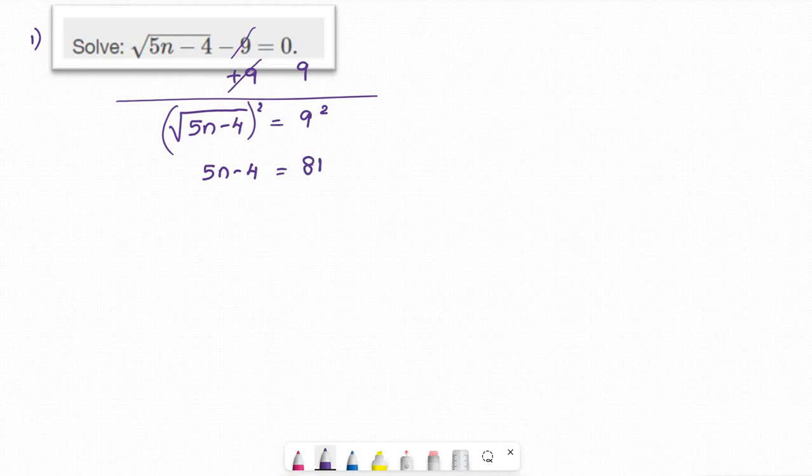So actually it is a square root. So as I explained in the last case, it is 5n minus 4 all to the power 1/2. That is the square root. When we square that one, the other side is 9 square.